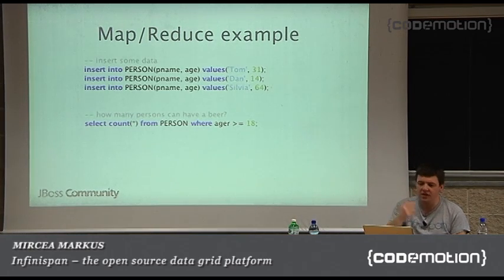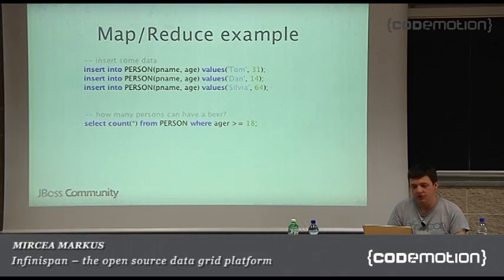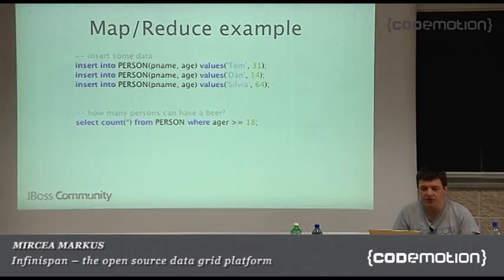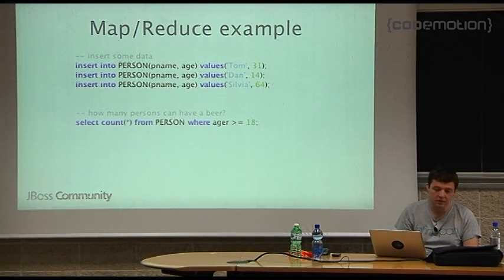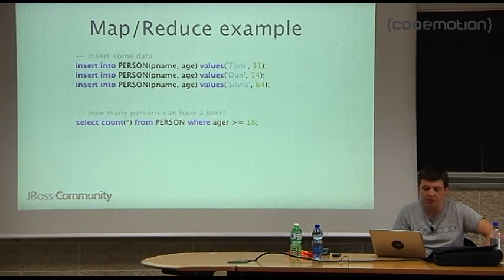So this is how you insert stuff in a database, just 3 persons. And then you have a query through SQL to know how many persons are above 18. So select count from the person table.